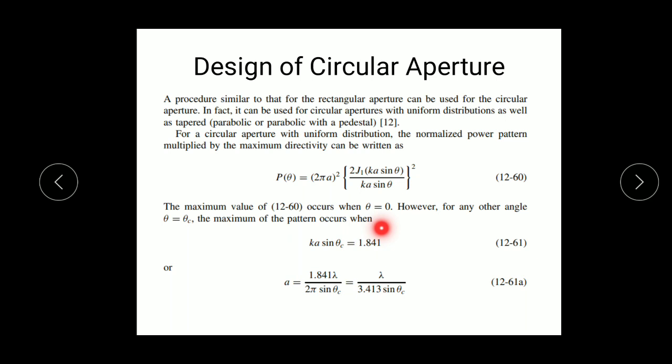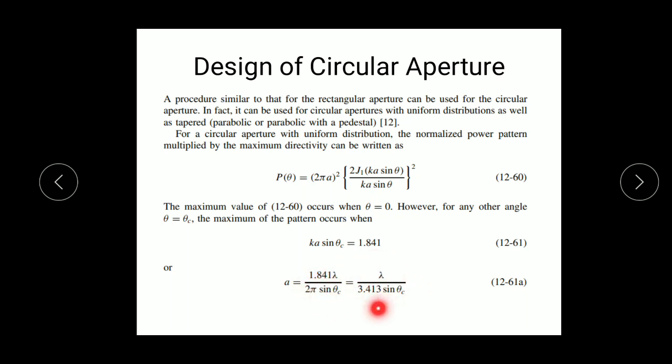However, for any angle theta equal to theta c, the maximum of the pattern occurs when Ka sin theta c equal to 1.84. At this condition, the maximum pattern can appear. So, using this equation, we can calculate the A value. A equal to 1.841 lambda divided by 2 pi sin theta c.